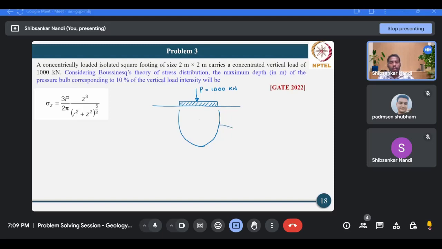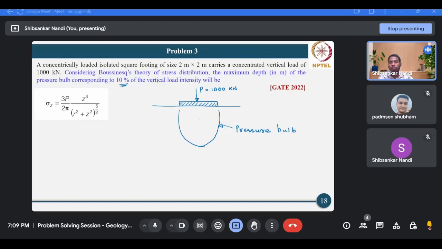Now this line looks like a bulb, so this is termed a pressure bulb. This pressure bulb can be for different loading intensities. As mentioned in this problem, the pressure bulb corresponds to 10% of the vertical load intensity.